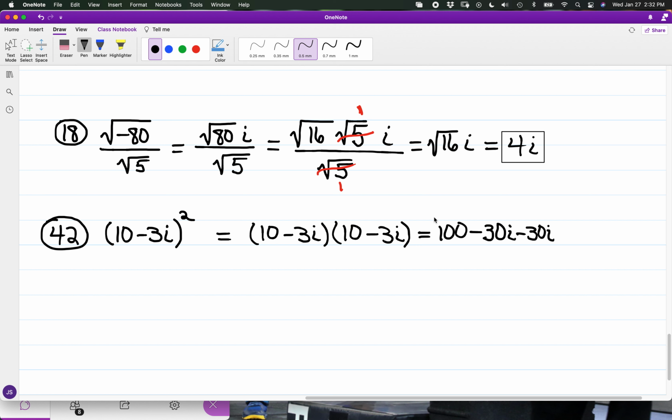And with the last product, you have a positive 9i squared. Following through, we have 100. Now negative 30i minus 30i, so we're going to have a negative 60i. And for 9i squared, you got plus 9, and i squared becomes negative 1.